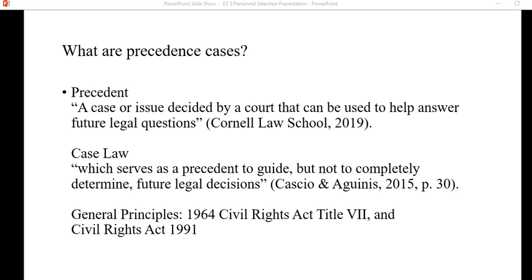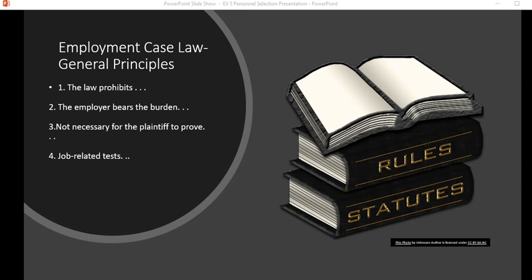We'll go over a couple of brief cases, the general principles, and the laws and statutes which apply to those cases, as we see the 1964 Civil Rights Act, Title VII, and the Civil Rights Act of 1991. Let's briefly go over four general principles of case law.